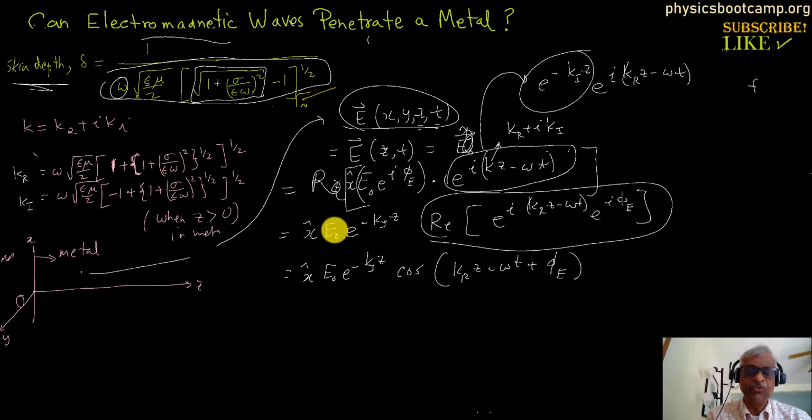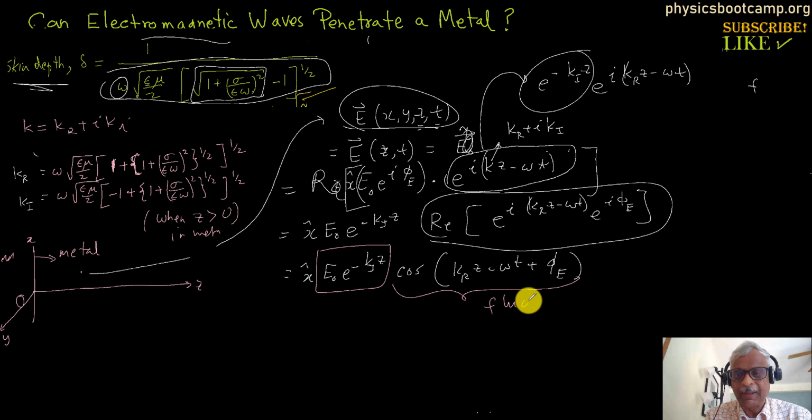We can do a similar thing for the magnetic field. Now notice on this side, this is the amplitude with which this fluctuates. The cosine fluctuates between minus 1 and 1, so this multiplies and the wave fluctuates. But as it goes along the z-axis, this is actually going to drop.